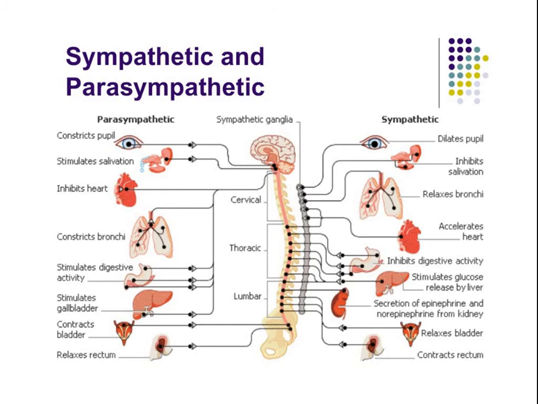So the sympathetic and parasympathetic are part of the peripheral nervous system, as they arise from cranial nerves and spinal nerves.